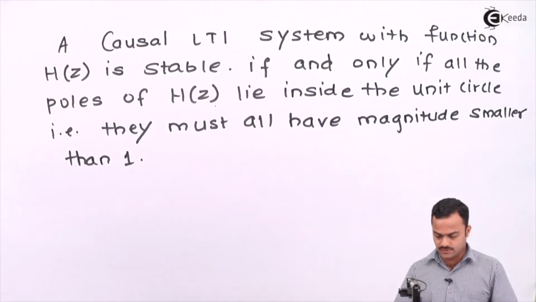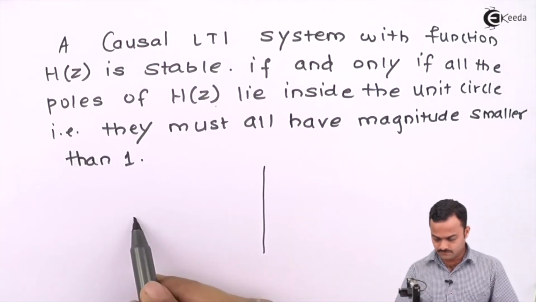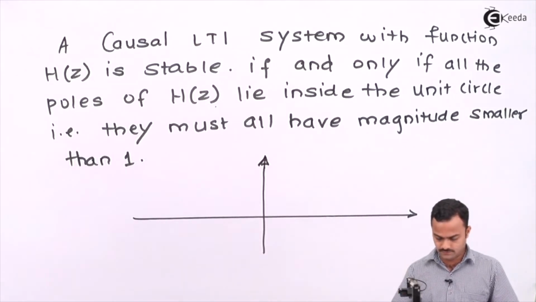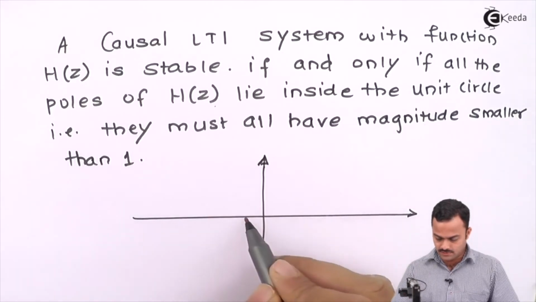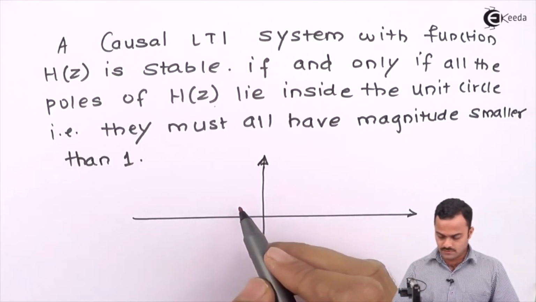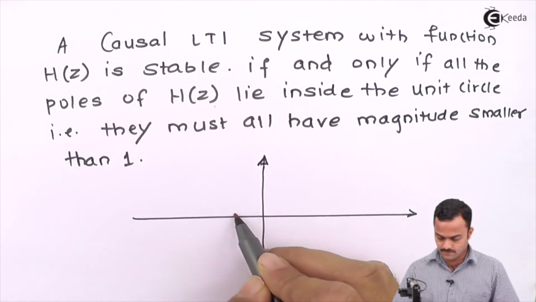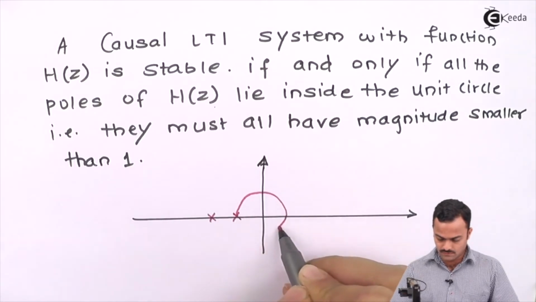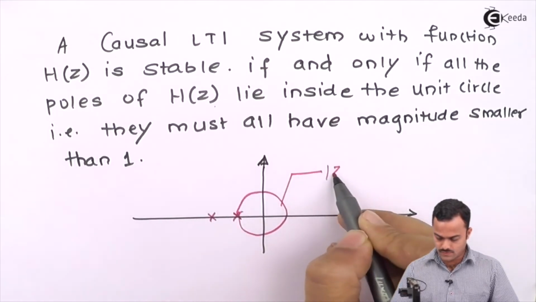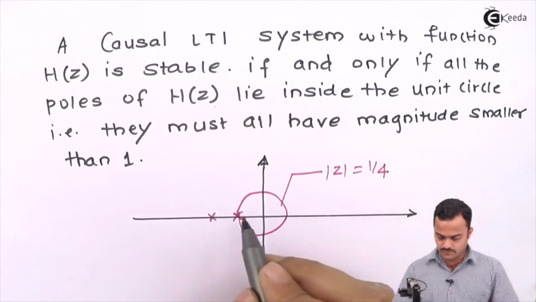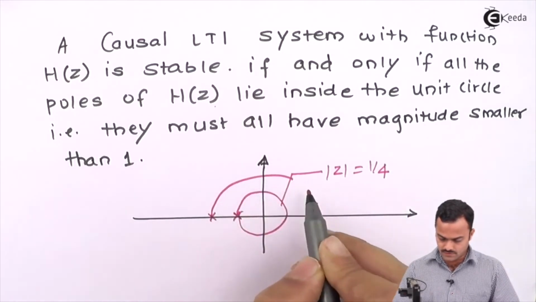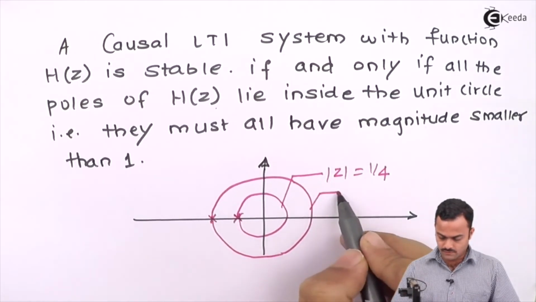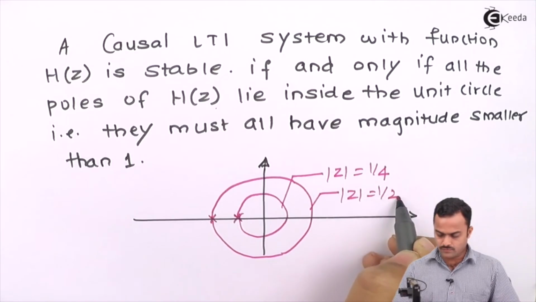If I have an ROC like this, I'll consider there are poles like this. So one circle whose mod z is say 1 by 4, and this is another circle with mod z equal to 1 by 2.